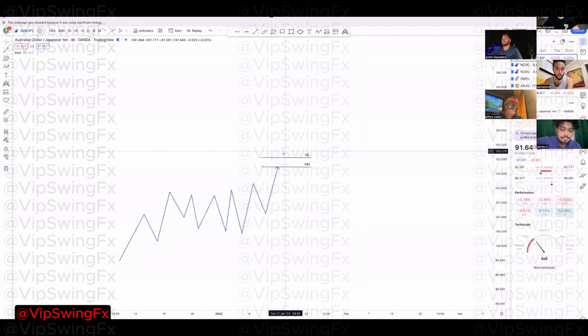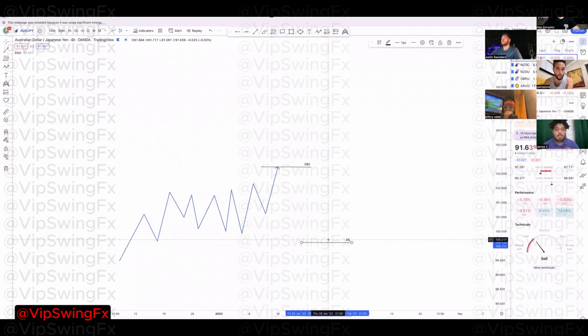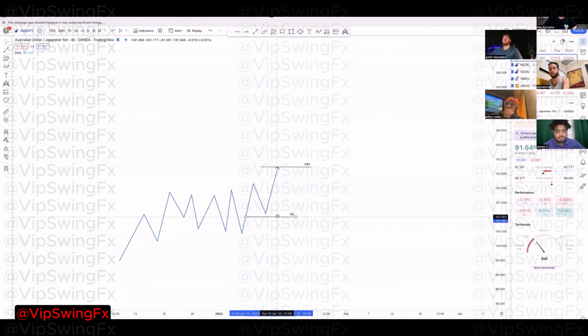Would you put your higher low at point 1, 2, or 3? Okay, 80% of you got it. Okay, like 70% of you got it. You have to mark it off at the last structure point, which would be point 3.